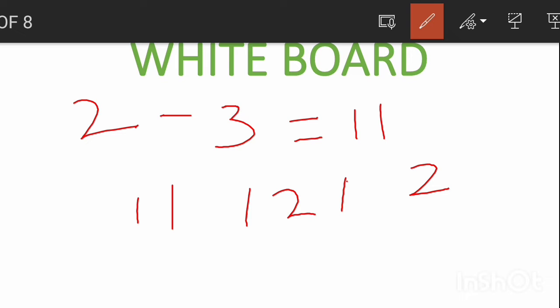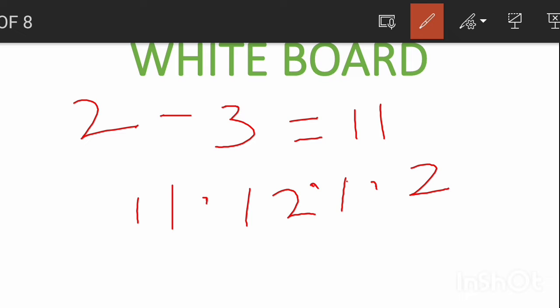Remember, the minus sign indicates the movement of this clock to the left hand side. So you are beginning from the space between 2 and 1 and then count 3 times to the left hand side of the clock, and that will give you 1, 2, 3. The next number there is 11. So 11 is the answer. That's how to get 11.